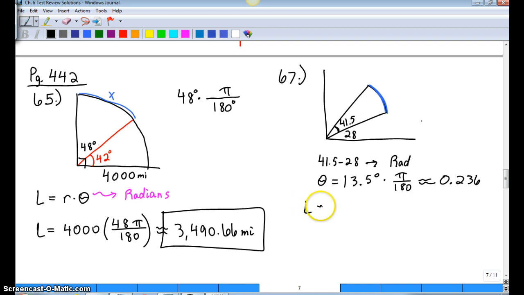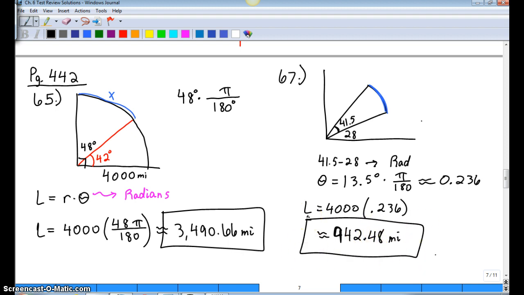So our arc length is 4,000 times 0.236, or 942.48 miles. So that is how you do arc length problems when you're given two latitude distances on the Earth.